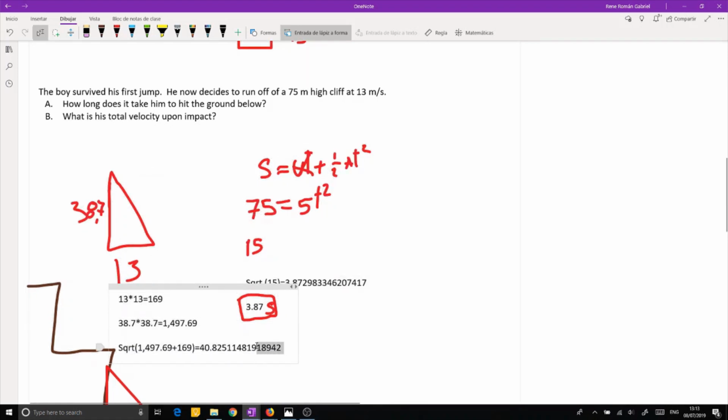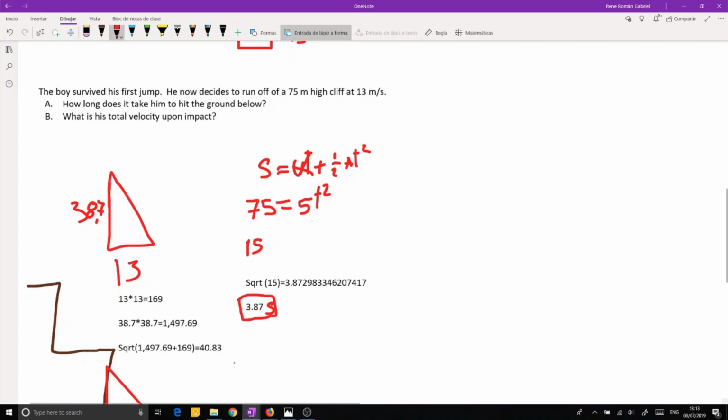That's 3. And the total velocity upon impact here. So this is different. Before that stands for speed, now that stands for velocity.